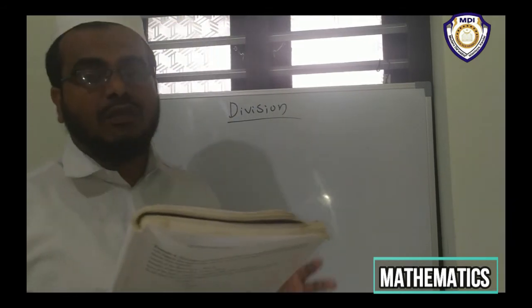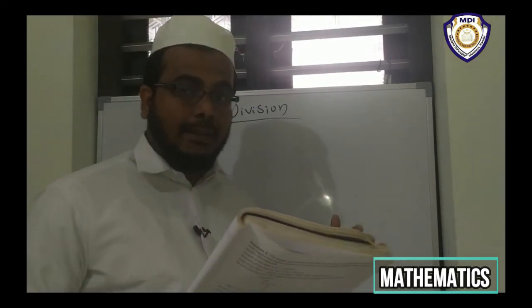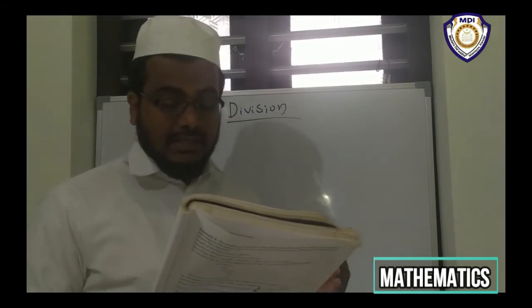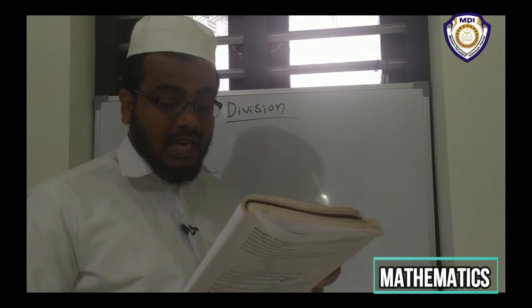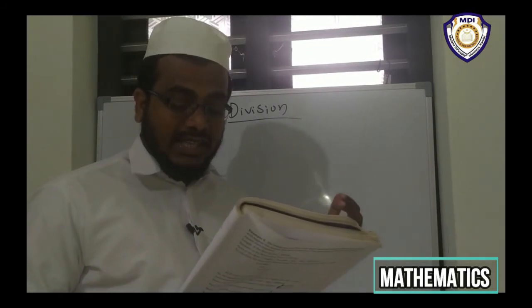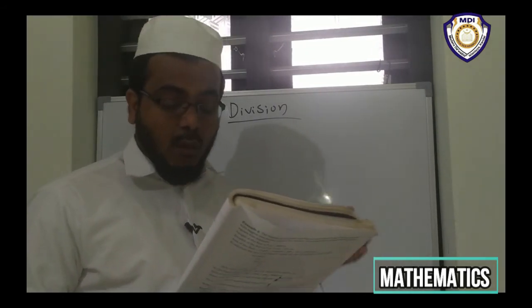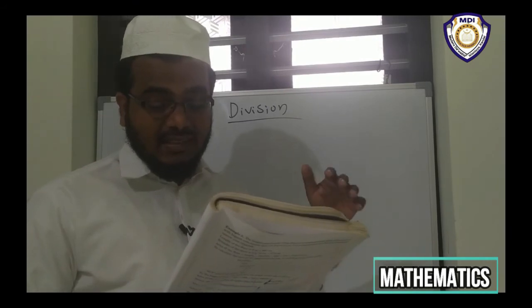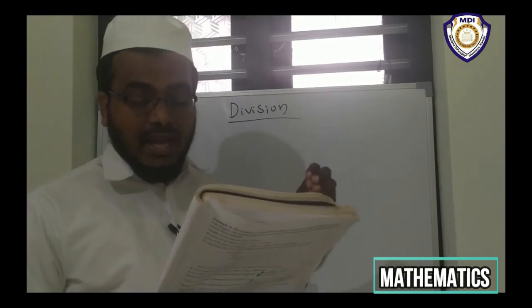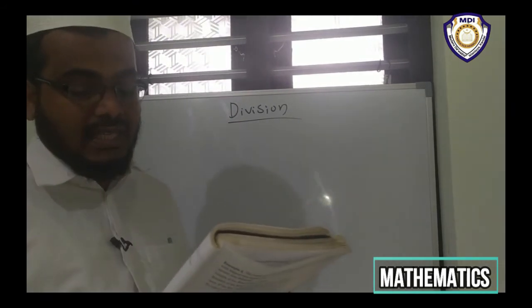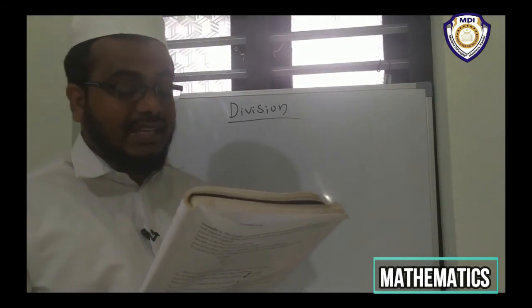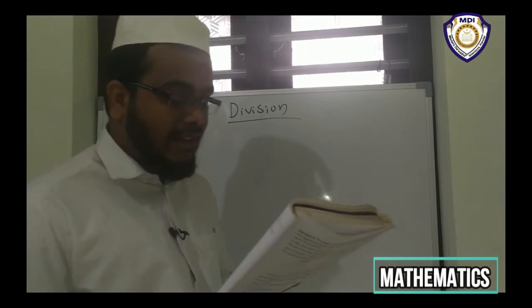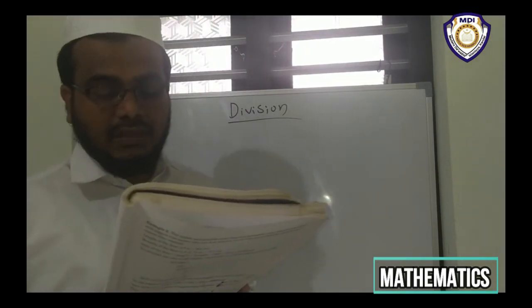Then the application of HCF. We have studied the application of LCM, like this, the application of HCF. Find the greatest number which divides 1628, 1736 and 268, leaving the remainders 8, 11 and 13 respectively.